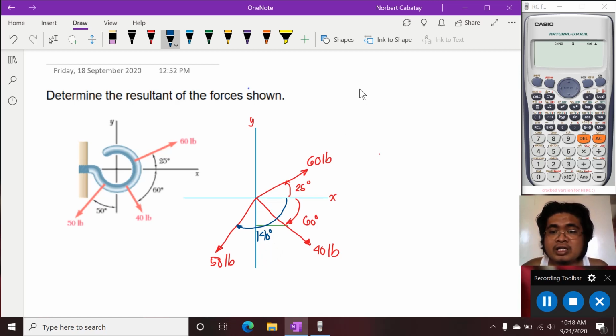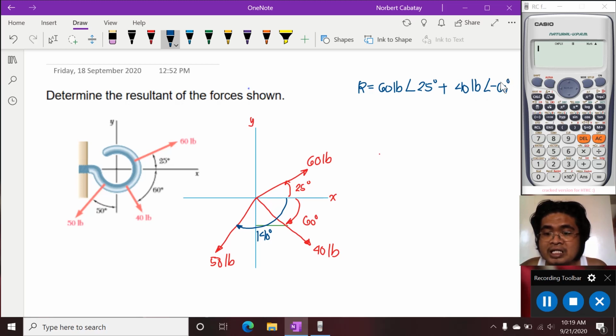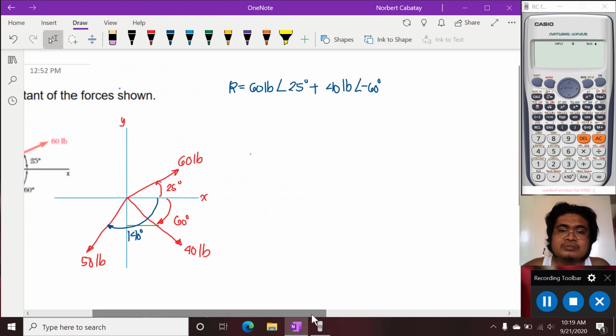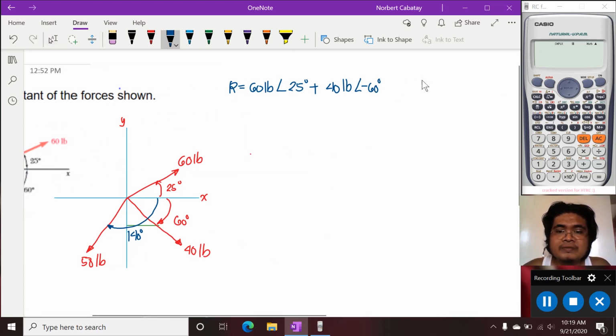So if you're going to add, the resultant will be 60 pounds at an angle of 25 degrees, positive because counterclockwise, plus your 40 pounds at an angle of negative 60 degrees, plus your force 50 pounds at an angle of negative 140 degrees.